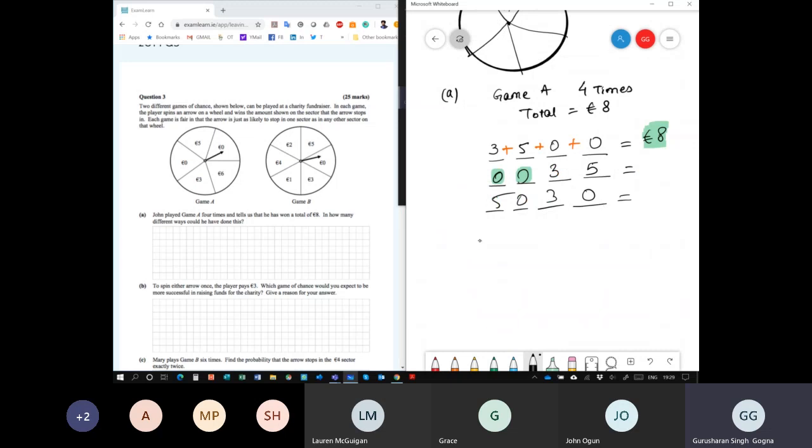So there are many different ways, but how will you write down the total straight away? 5030, 5003, 3500 already considered, 5300.